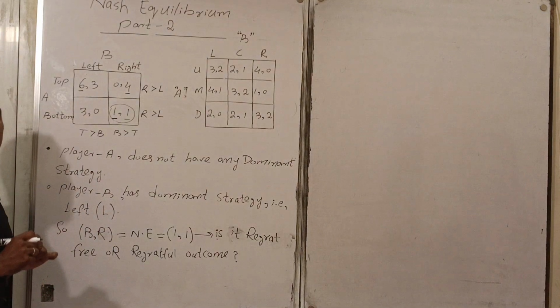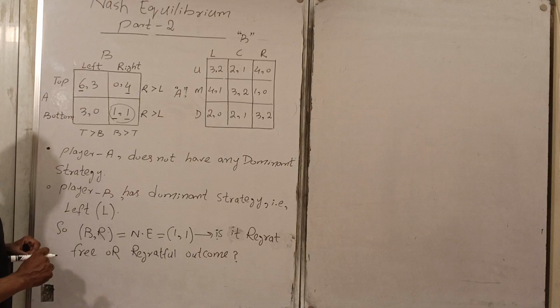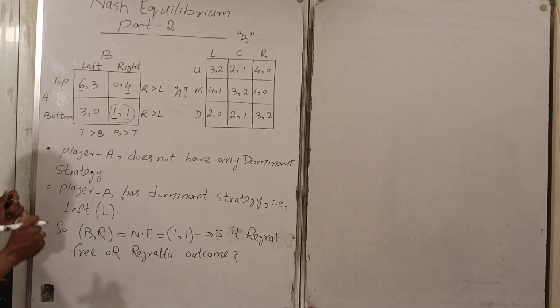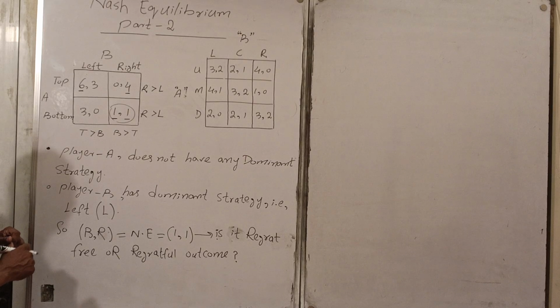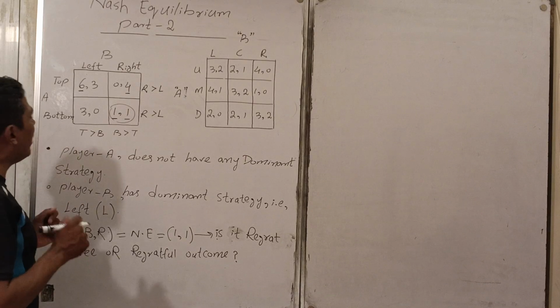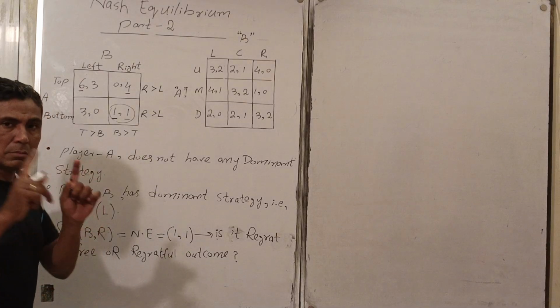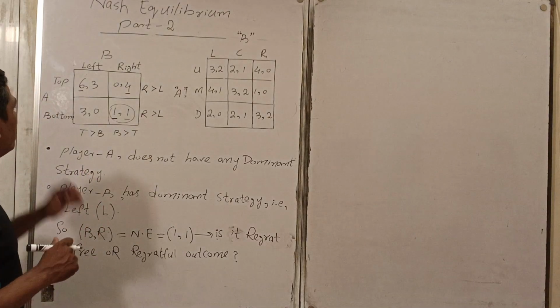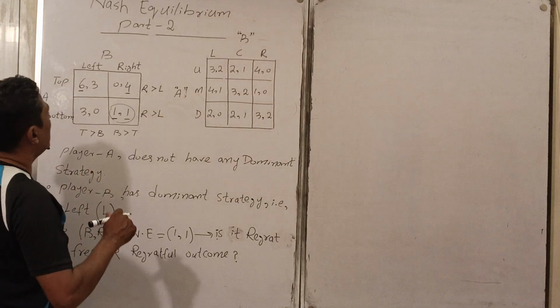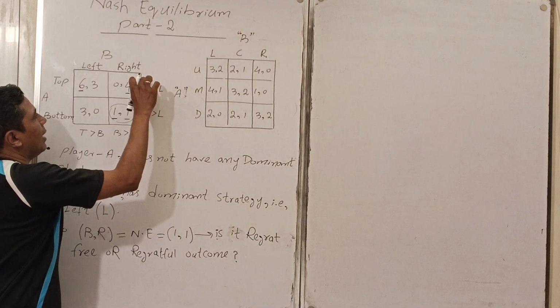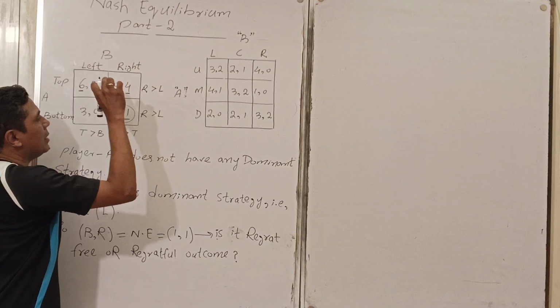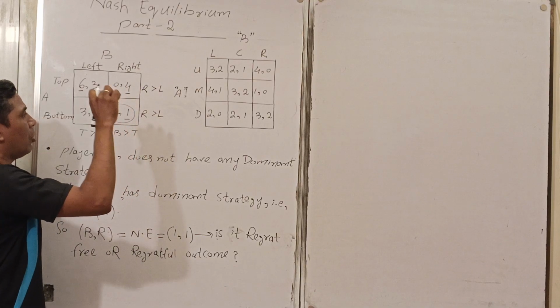Okay, there is no incentive, right? Okay, look from B's point. B never plays strategy left because he knows very well that R is the dominant strategy for him.